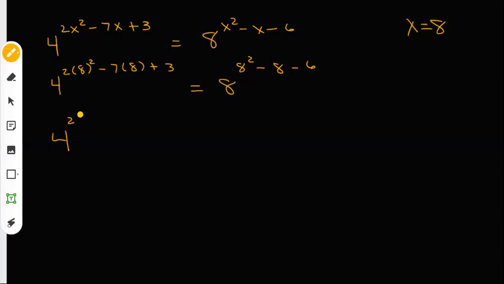Eight squared is going to give me 64. 7 times 8 is going to give me 56. And I have that plus 3 at the end. Over here, I have 8 squared, which is 64, minus 8, minus 6.